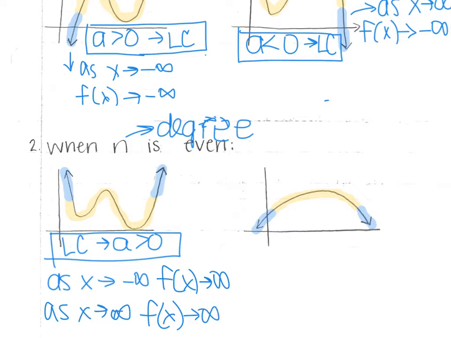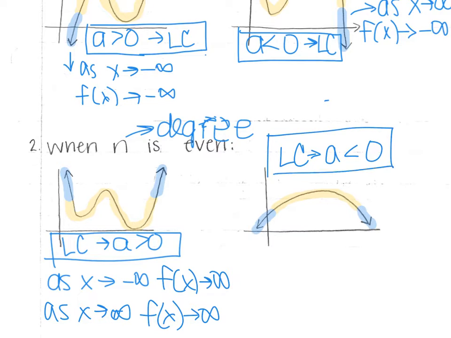So f of x is approaching positive infinity. So these follow a pattern, and you can probably already guess what the next example is going to be. This happens whenever your leading coefficient, a, is less than 0, and your degree is even.